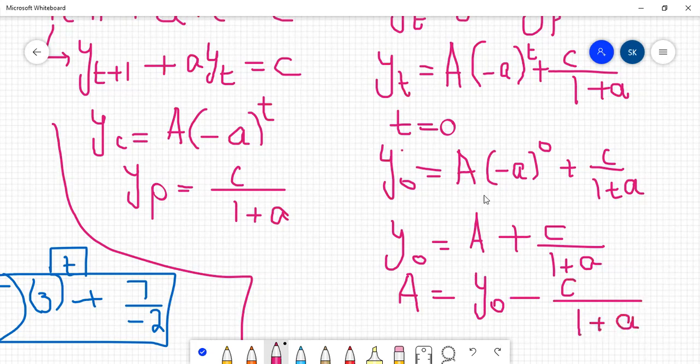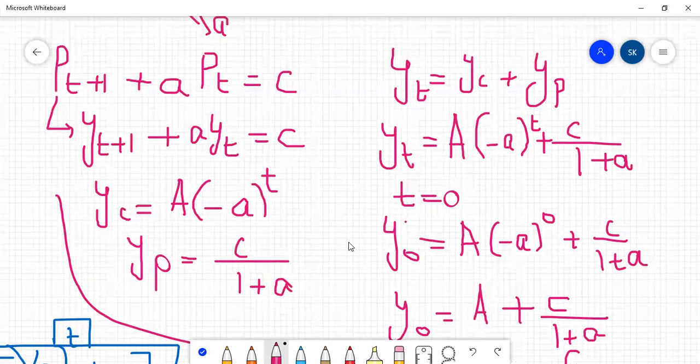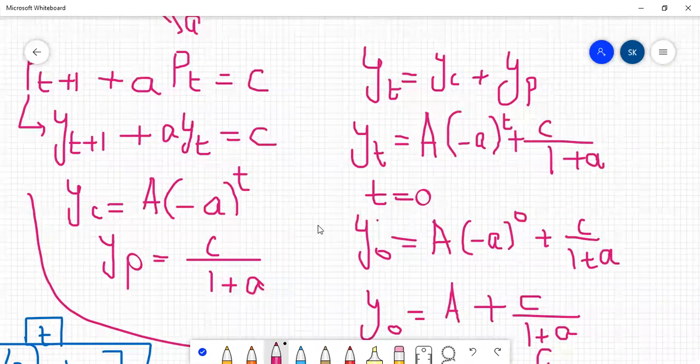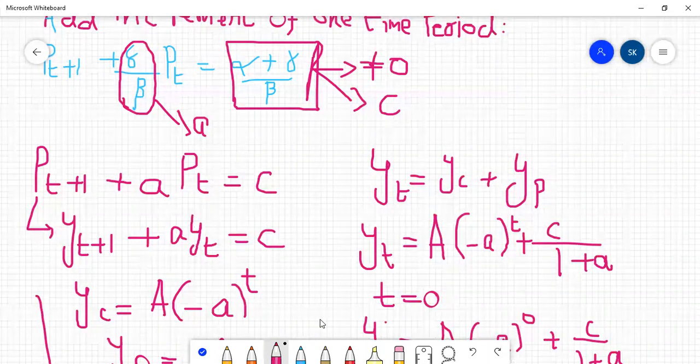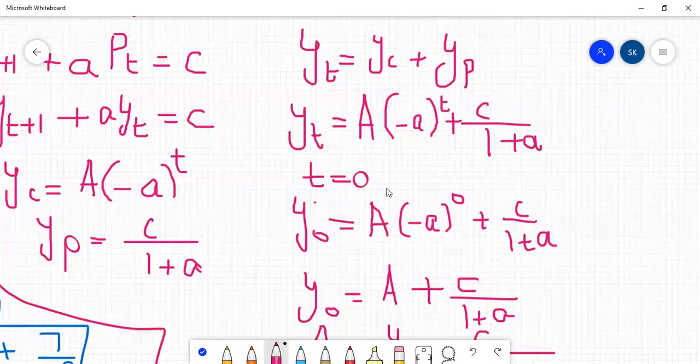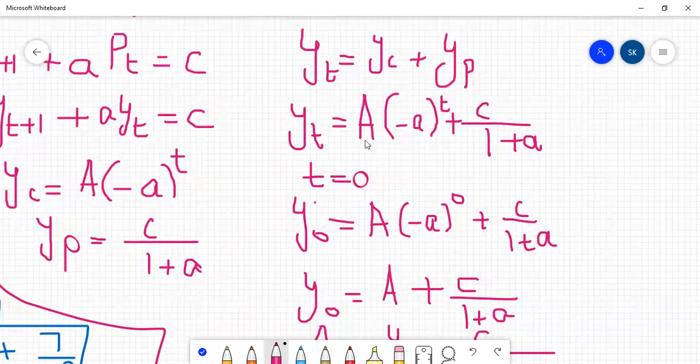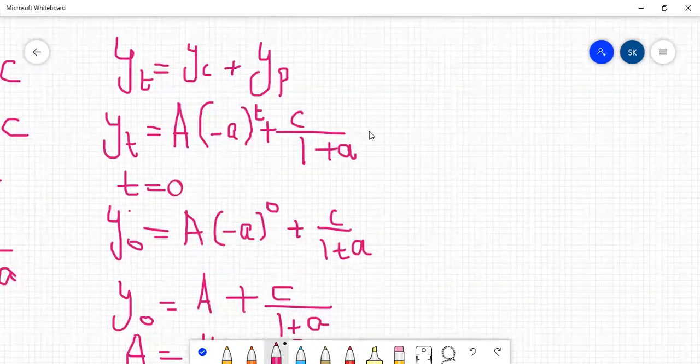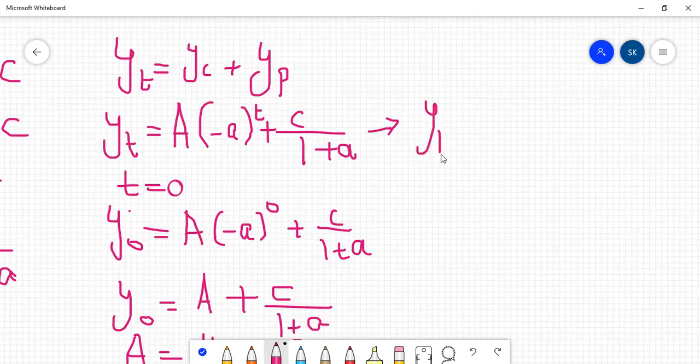What next we will do is substitute this value of A into our definite solution. We will put the value of A over here.